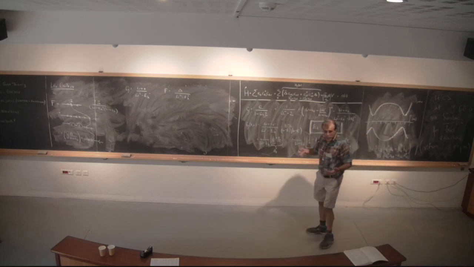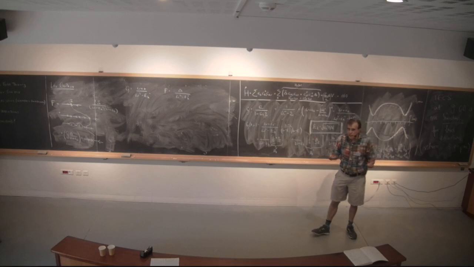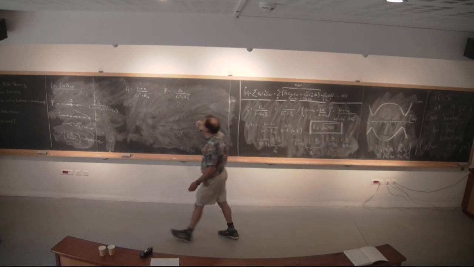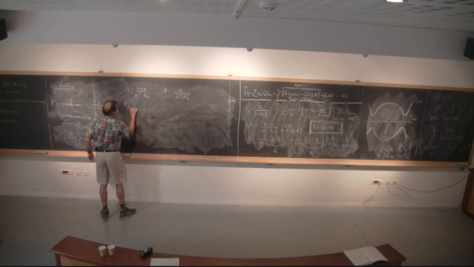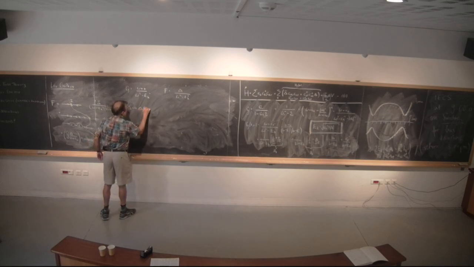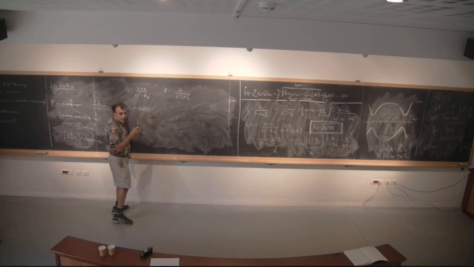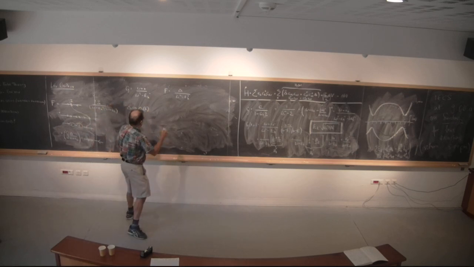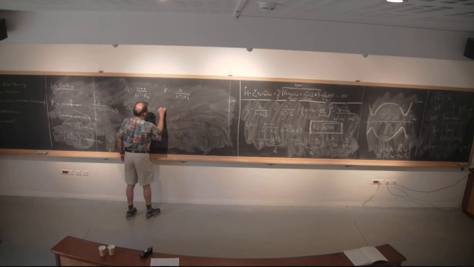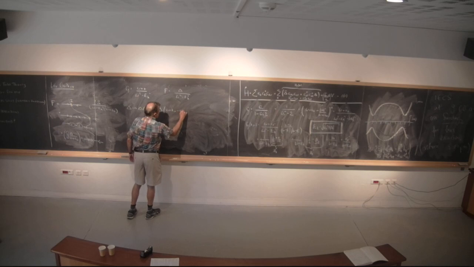What changes when I go to a more fancy superconductor, say a cuprate superconductor? Not a heck of a lot. The main thing that changes is that delta now becomes a function of k. For example, and I think Giovanni will be talking about this, in a d-wave superconductor, this becomes cosine kx minus cosine ky.